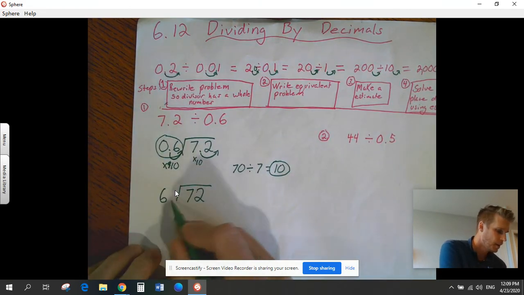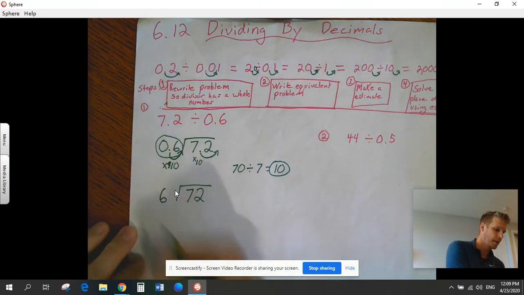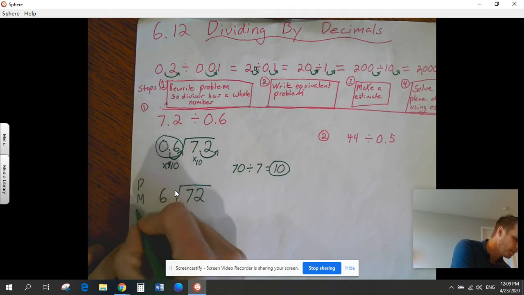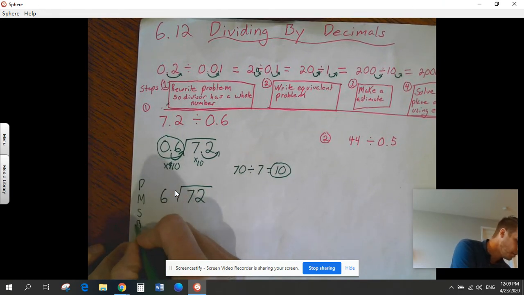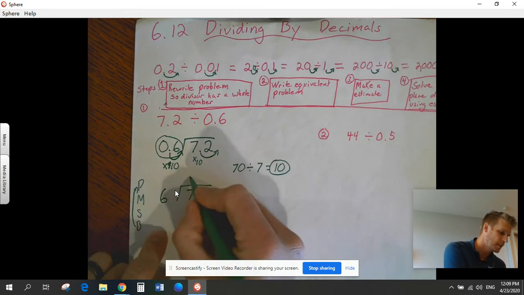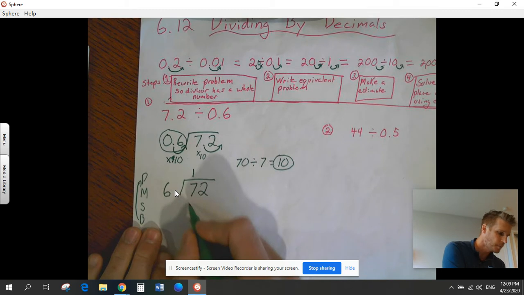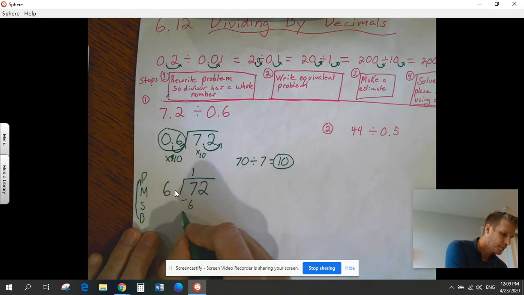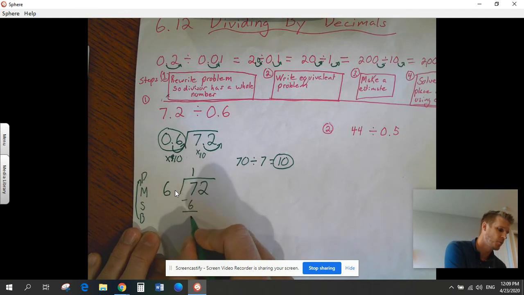All right, let's start. Remember, guys, our divide, multiply, subtract, bring it on down and bring it on back. All right, so divide. We're going to divide 7 by 6. 6 fits into 7 one time. 6 times 1 is 6. Subtract, 7 minus 6 is 1.